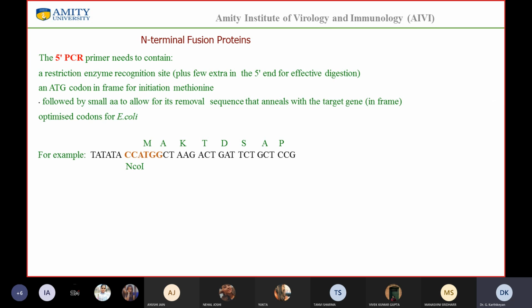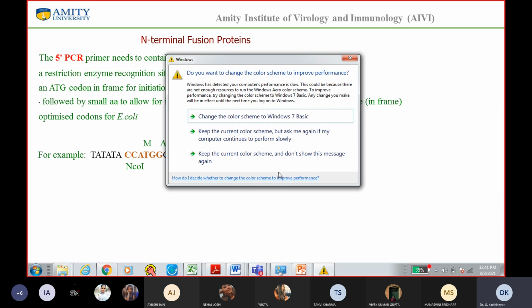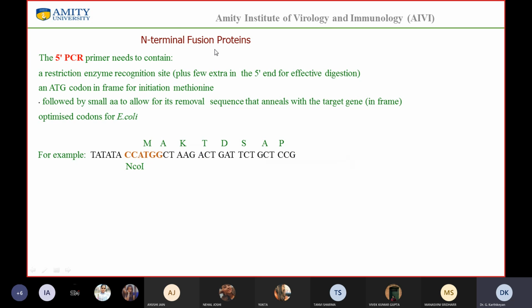Okay. So if you look at N-terminal fusion proteins, for example, when you want to do it as an N-terminal fusion protein, the 5' primer, the PCR forward primer, needs to contain a restriction enzyme site so that you can clone it in the appropriate restriction site in the pET vector, right?